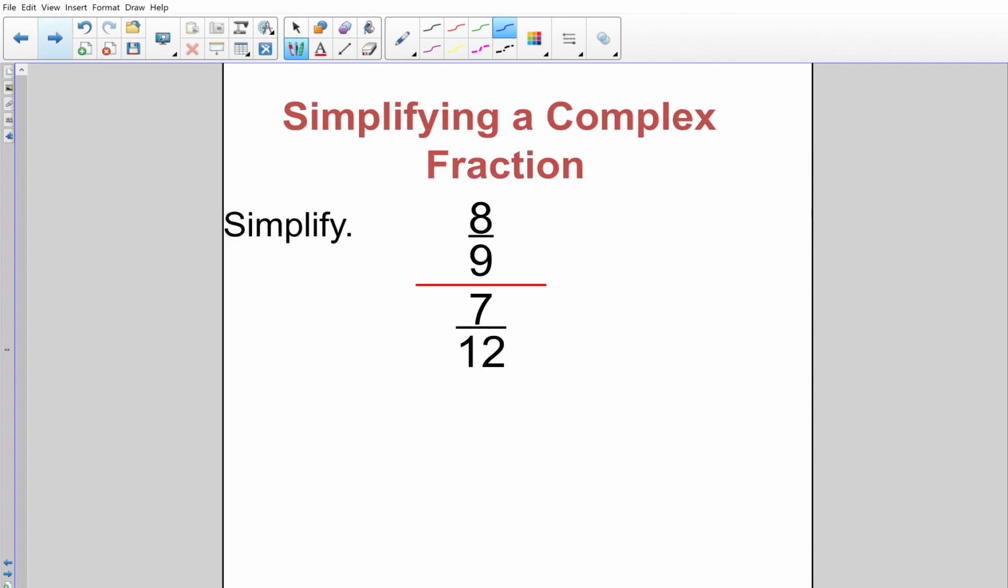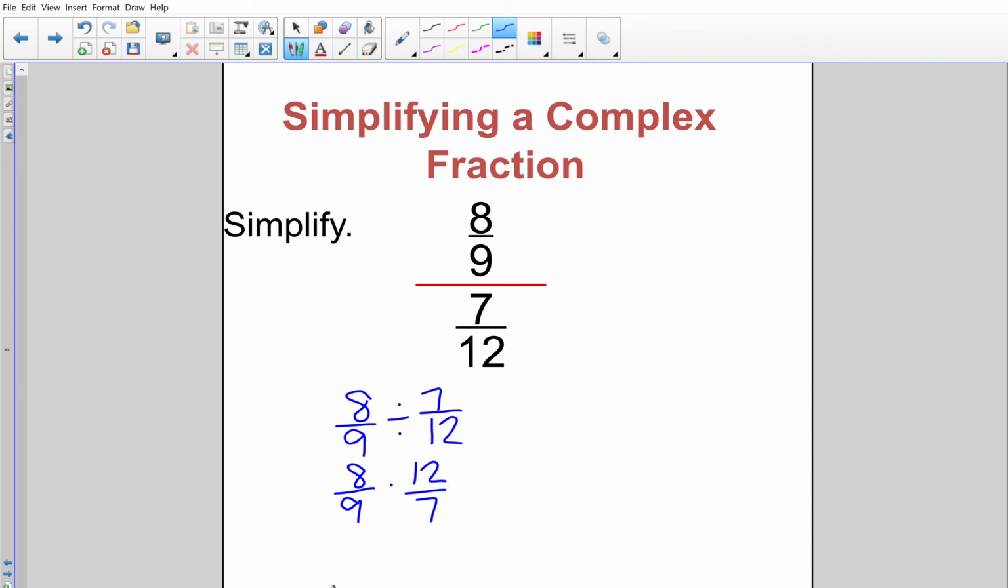So an example of one is we have 8/9, and then we have our division, and then our 7/12. Okay, and it looks like it's a big fraction. So remember that line is a fraction line or a division line. So the easiest way to work this out is if I actually think about it as division, and I do 8/9 divided by 7/12. So then that means that it's 8/9 times 12 over 7.